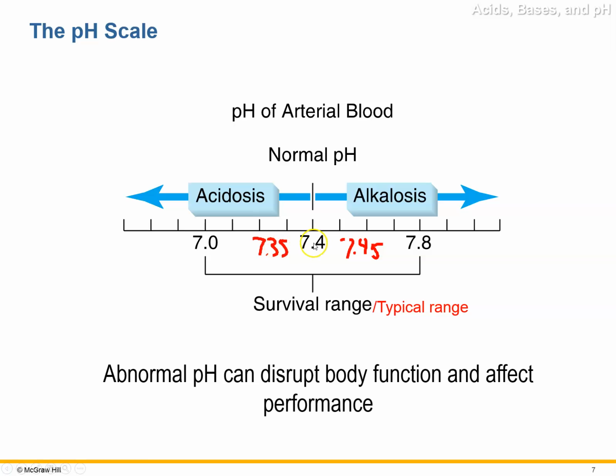So again, here's your body, your blood pH is around 7.4 all the time. If we make things a little bit more acidic, it's going to drop a little bit, say to 7.3, maybe even 7.2, but not much more than that, because there's a very narrow range of pH for survival.